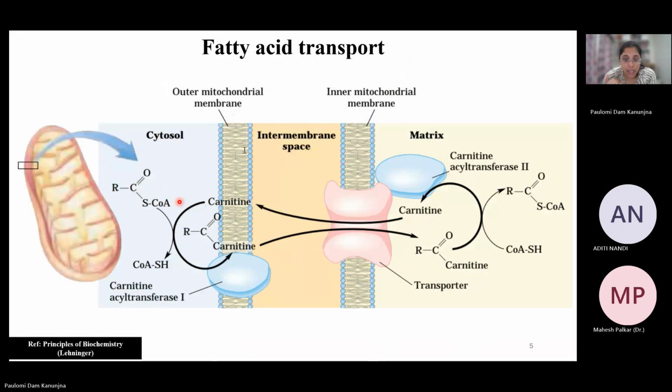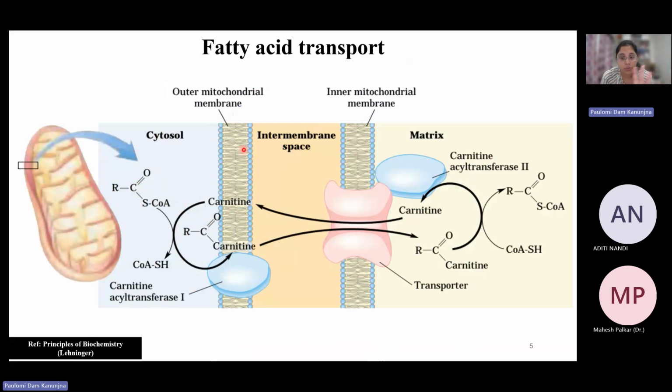That enables the fatty acid to bind to carnitine, and that carnitine can enter via the inner mitochondrial membrane. So to enter the mitochondrial matrix, the fatty acids need to be converted into fatty acyl coenzyme A. The enzyme which is important here is carnitine acyl transferase, because carnitine is the transporter protein here. The carnitine protein is what will enable this movement of the fatty acids from the cytosol to the matrix.